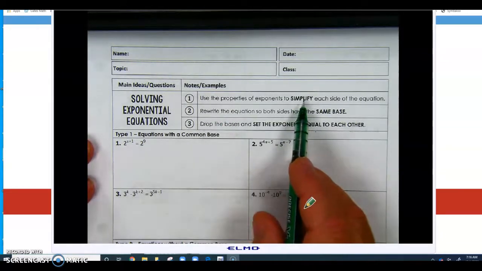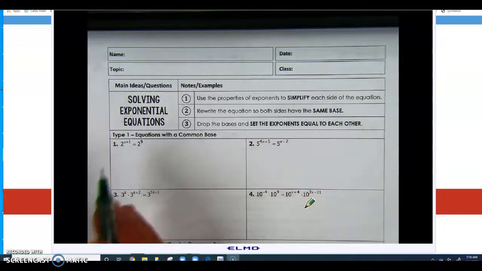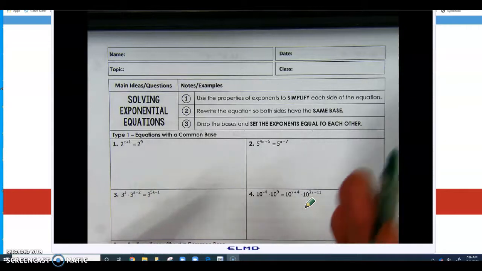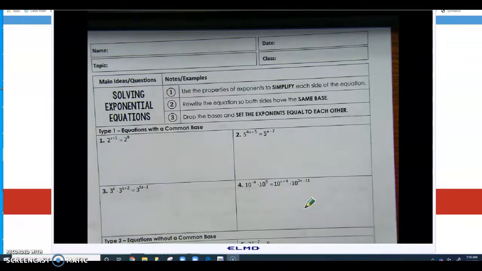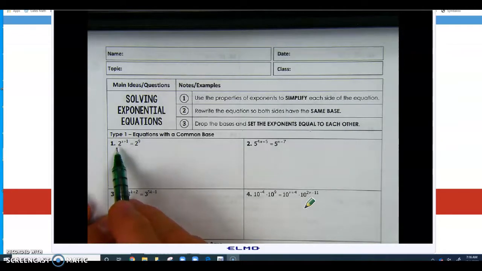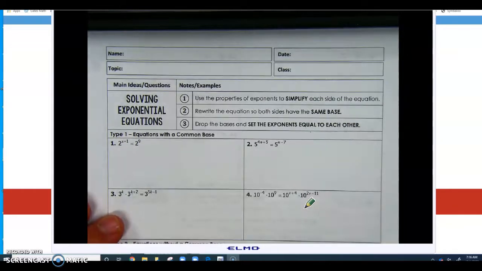So, use the properties of exponents to simplify each side of the equation. Look at the left side, see what needs to be done to simplify. Look at the right side, see how to simplify it. Then step 2, we have to make sure they have the same base. By base, I mean like the 2 here and the 2 here, the 5 here and the 5 here.